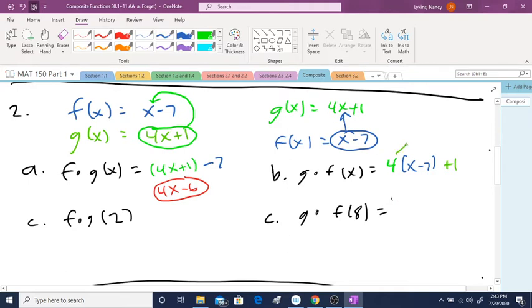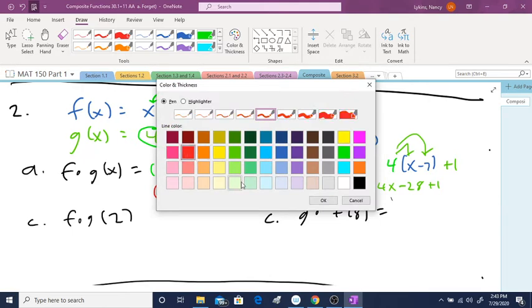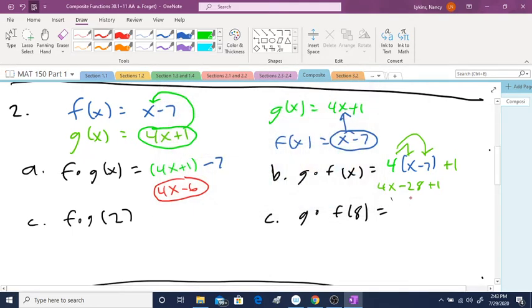Now we're going to distribute, and we're going to say 4 times x is 4x. 4 times, you can treat that as a negative 7 if you want, and say that is a negative 28 or a minus 28. And then we still have that plus 1 on the outside. So when we combine these, our answer is going to be 4x minus 27.